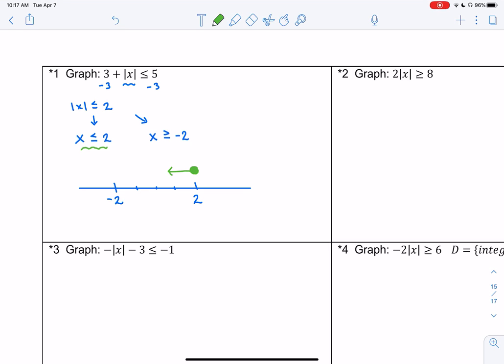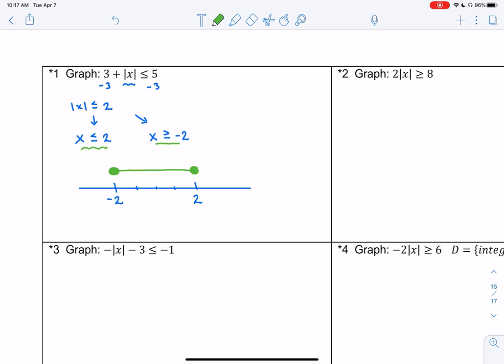Okay, and then I have the second equation where it's at the -2, it's also a closed circle, and it's greater than, so I know it's heading this direction. Now what we do is we combine those two arrows into one sandwich in the middle. So it's going to look like that.